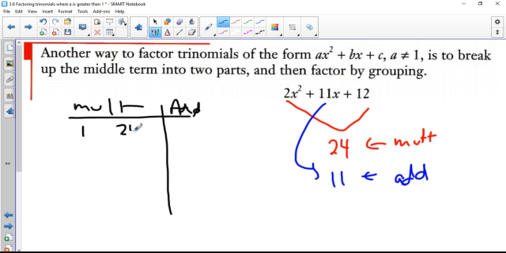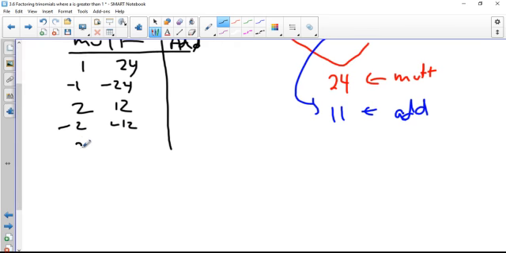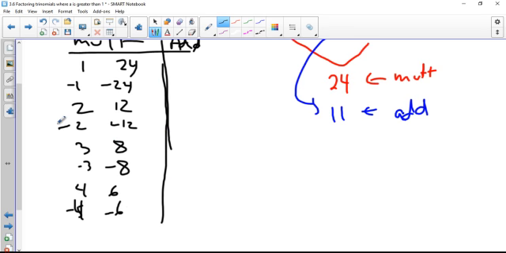So we have 1 and 24, minus 1, minus 24. We've got 2 and 12, minus 2, minus 12. We've got 3 and 8, minus 3, minus 8. We've got 4 and 6, minus 4, minus 6. And that's all she wrote.